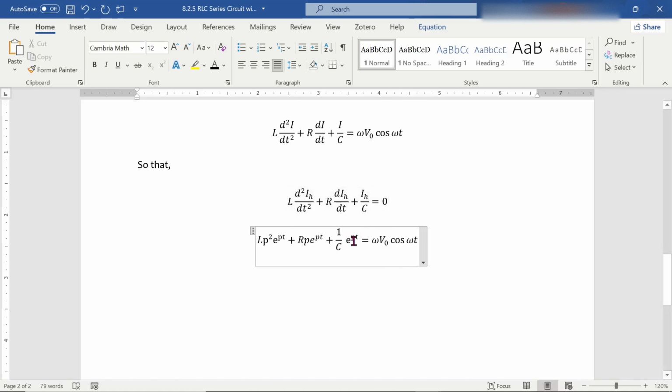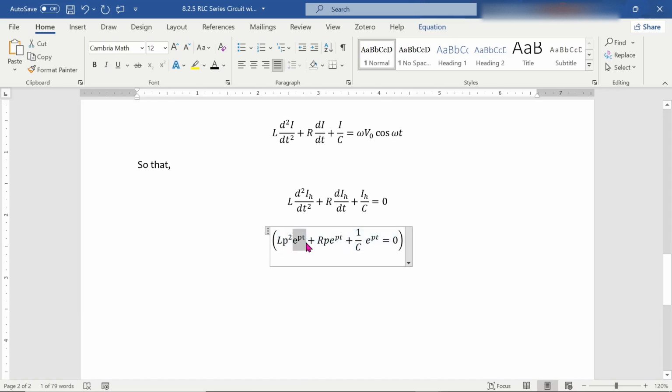Okay, perfect. So we have this one, and of course this is equal to 0. And we can notice that we have a common term for this equation: e to the pt is common.